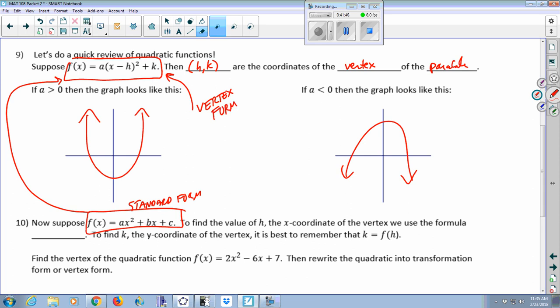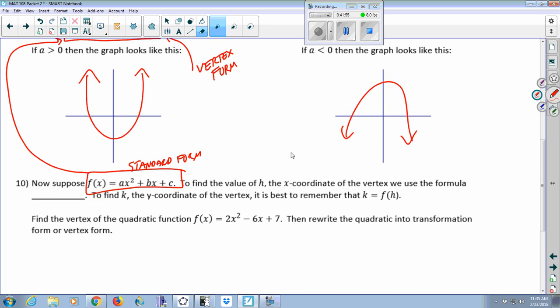So if I was given an equation in this form and I wanted to find its vertex, there is a formula that I use. Does anybody remember how to find the vertex when you have it in this form? It's part of the quadratic formula. Almost. Negative b over 2a, right.